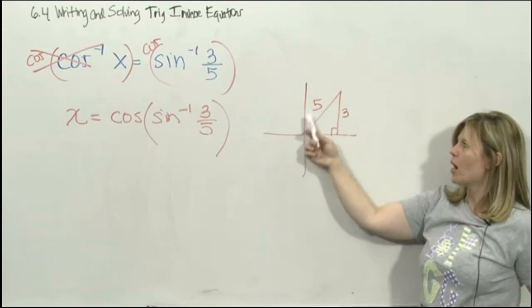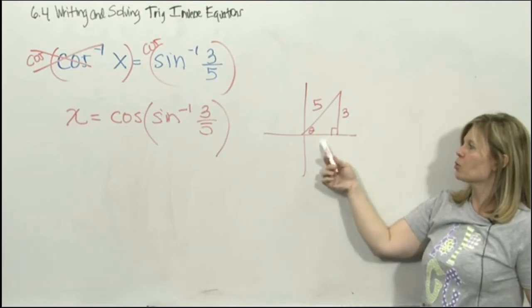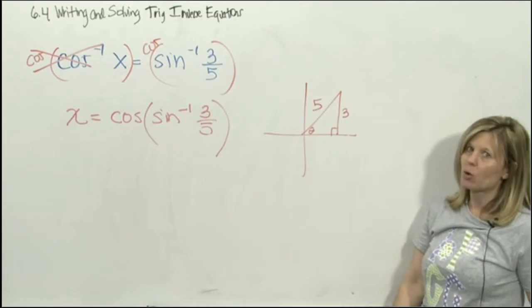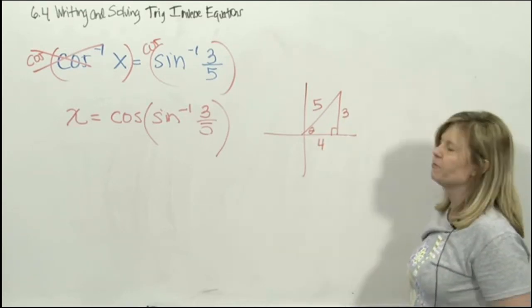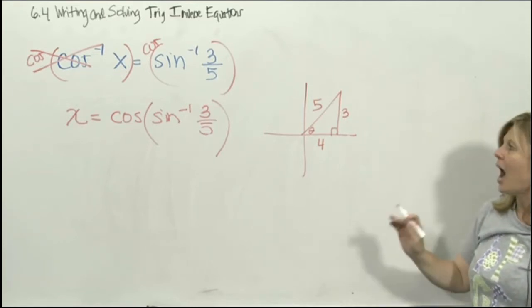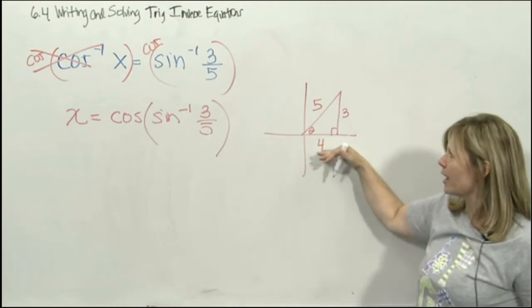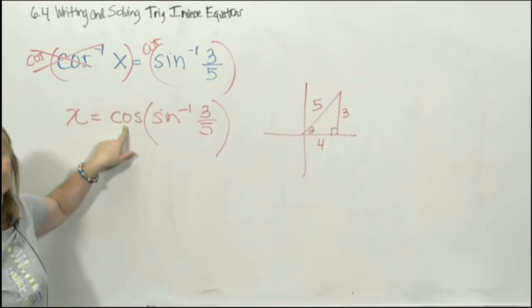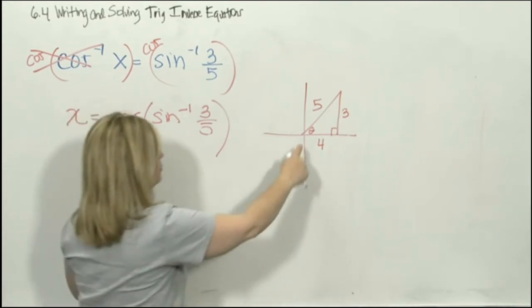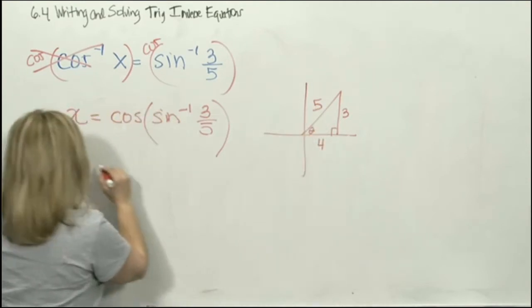If I am in quadrant 1, I could do x squared plus y squared equals r squared. Or if I'm quick by now, I know my triples. This is a 3, 4, 5. I don't have to know how many degrees this angle is. If I can draw its right triangle, I can find the cosine value. The cosine value would be x over r, which is 4/5.